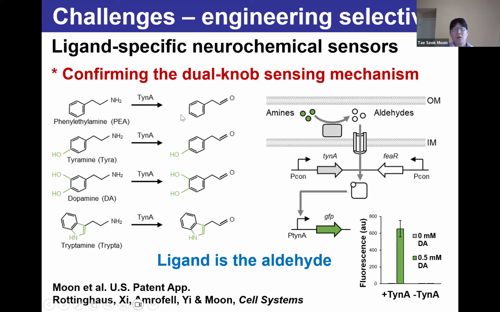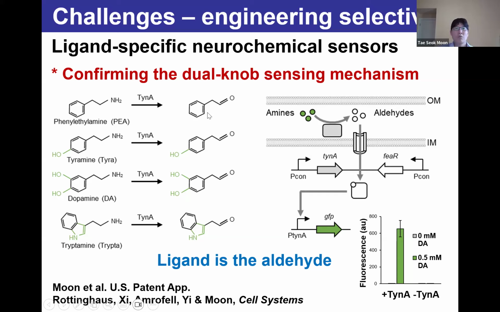And luckily for us, this aldehyde is very short-lived, meaning unstable, but still, once the amine is converted to this aldehyde that binds to the transcription factor, we saw a concentration-dependent increase of the output signal, in this case GFP.